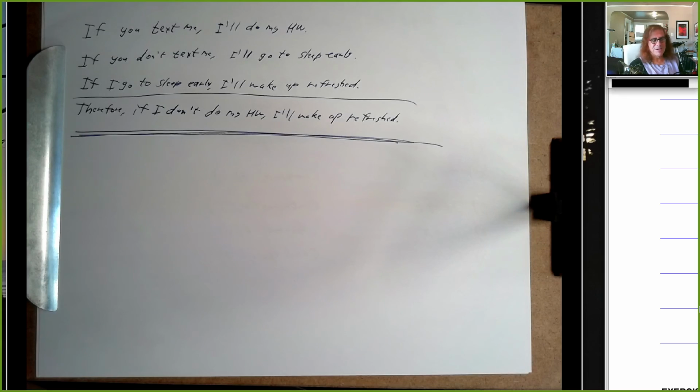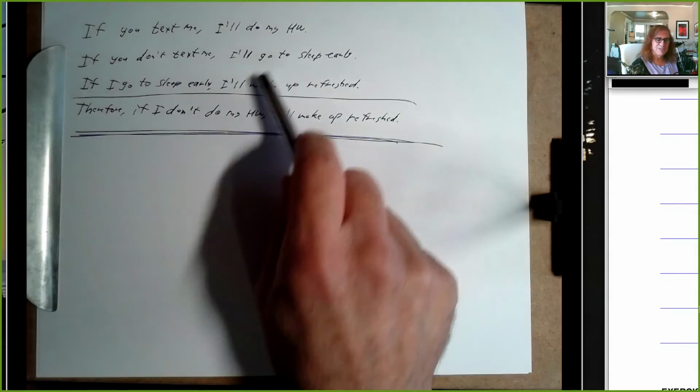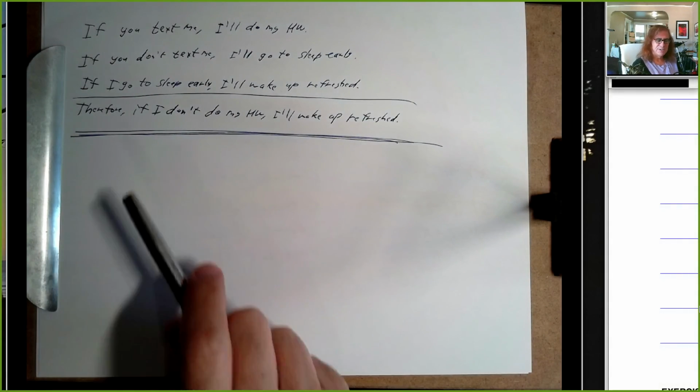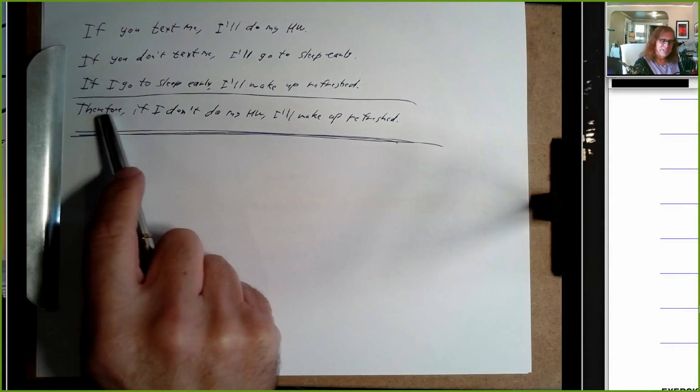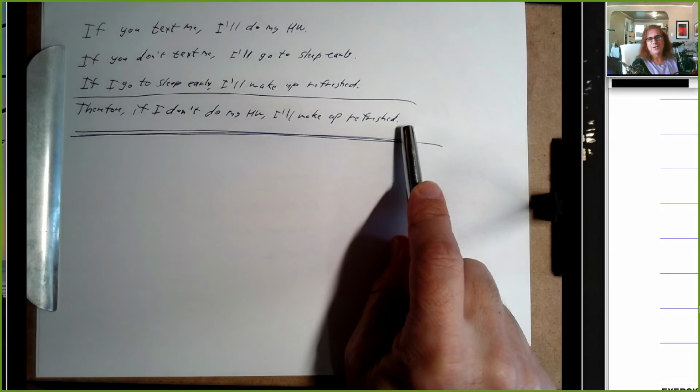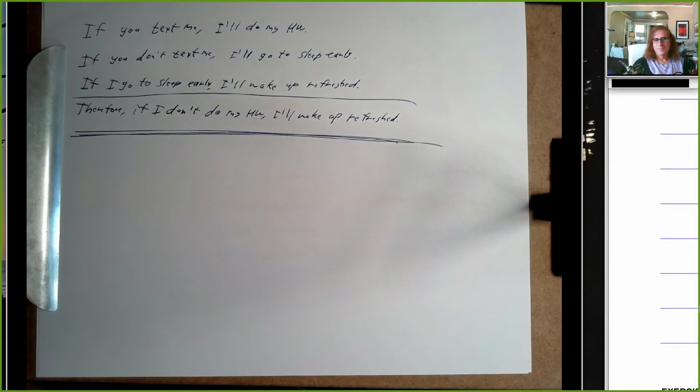Now I could make a proposition P which says if you text me I'll do my homework, and proposition Q says this, and proposition R says that, and proposition T says this, and then try to prove that P, R, Q gets me T. But that's not going to get me very far, right?